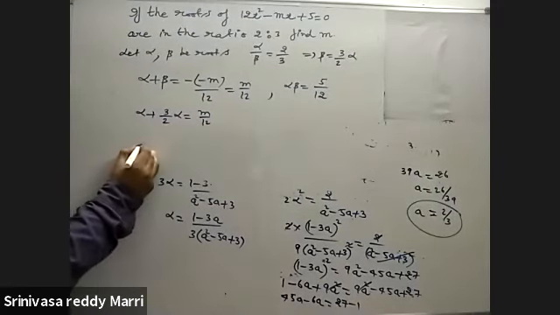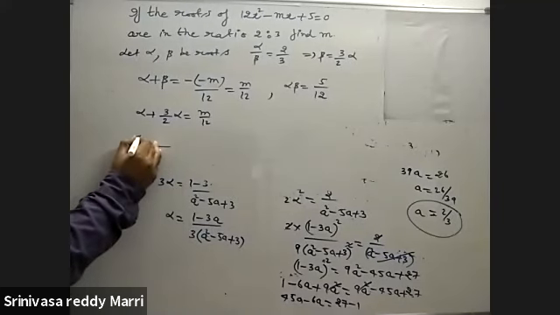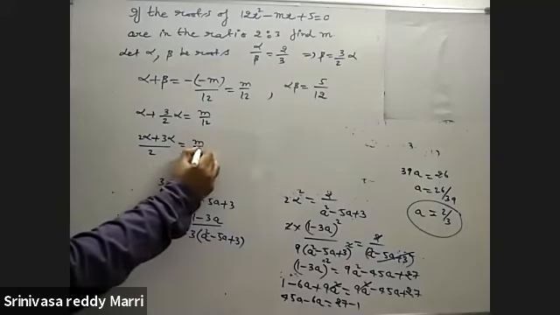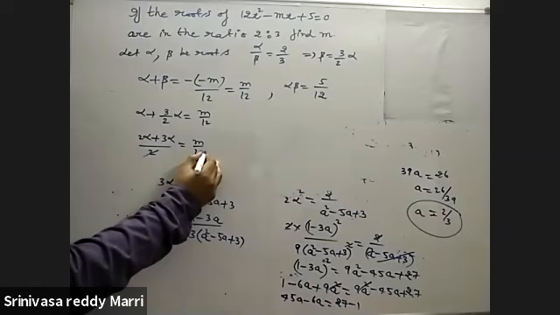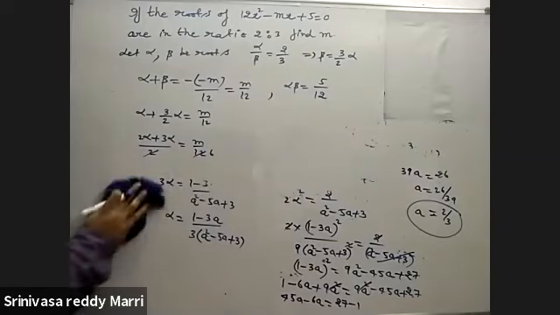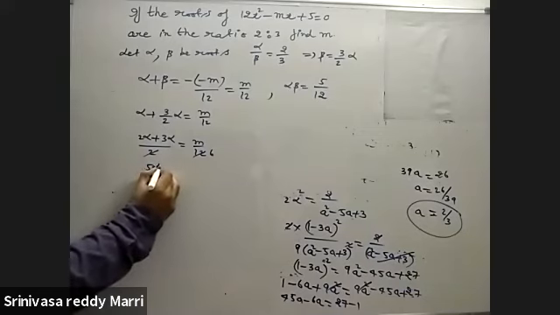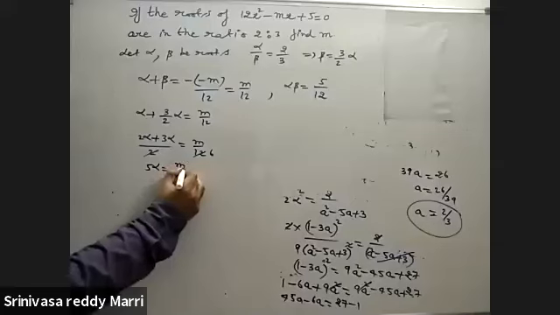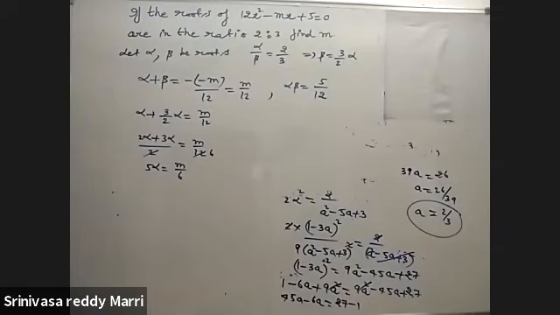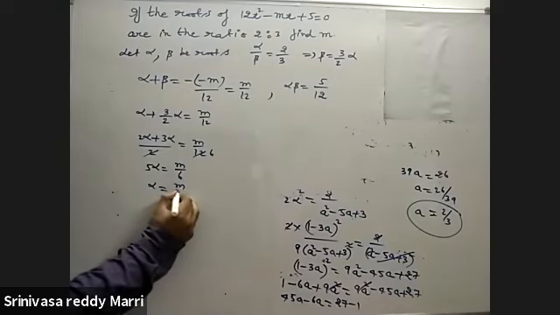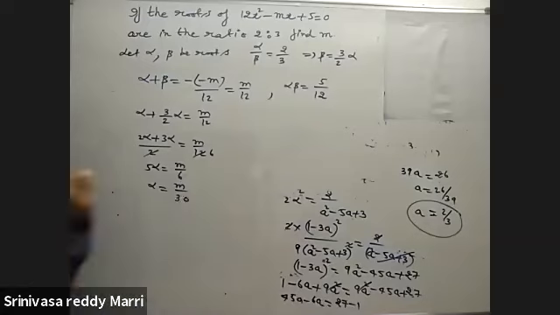Now taking LCM, 2 alpha plus 3 alpha equals m divided by 12, 2 ones are 2, 2 sixes are 12. So 5 alpha is m by 6, and alpha is m divided by 30.